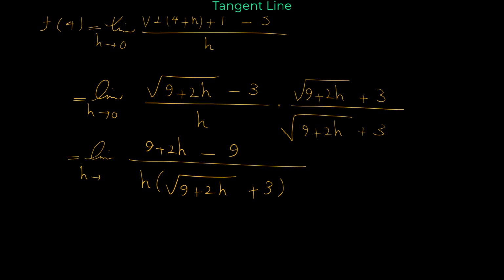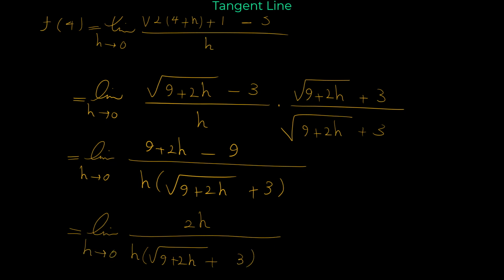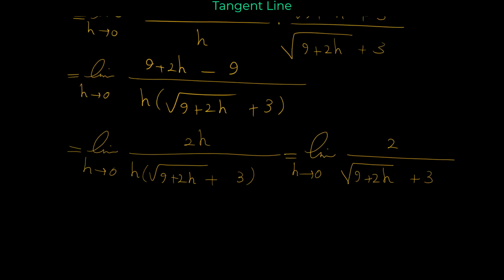Let me rewrite this in another step so everything is clear for you. So after we cancel 9 with 9, we have 2h over h times radical 9 plus 2h plus 3 as h approaches 0. It should be obvious that h from the top with h from the bottom cancels, and then we have limit of 2 over radical 9 plus 2h plus 3 as h approaches 0.